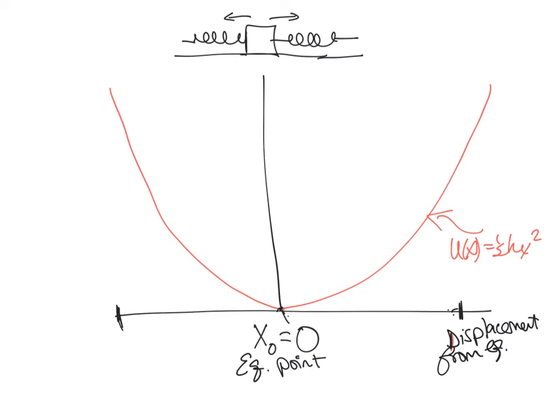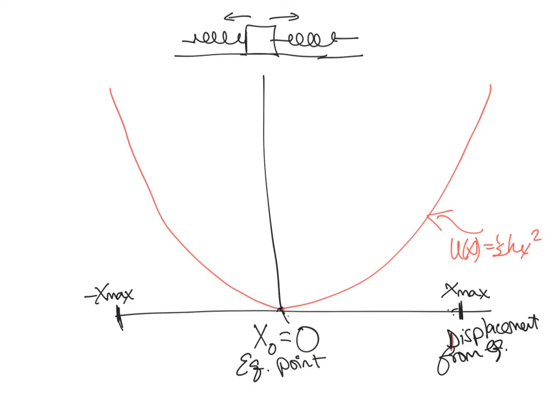This thing is going to oscillate between an x max and a negative x max. We're going to get more into this when we go back to do simple harmonic motion, but for right now, we're just mentioning it for energy purposes. So the question is, where does this thing turn around?